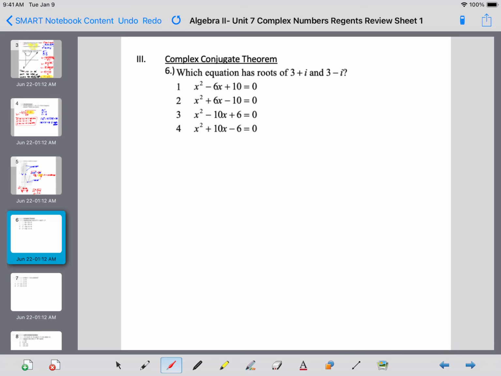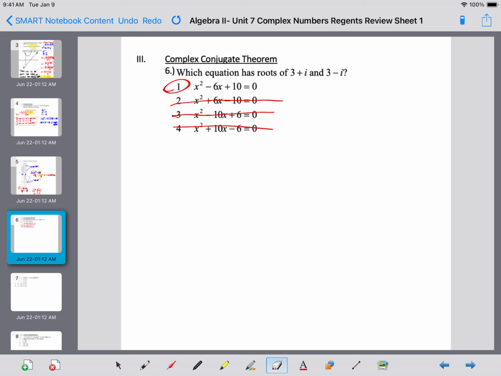And when you graph it, if it crosses the x-axis, if there are zeros, that means it has two real roots or one real root. And that is not imaginary, so you can immediately cross out that option. So the first one does not cross. The second one does. The third one does. Did the fourth one cross as well? Yeah, the fourth one crossed as well.